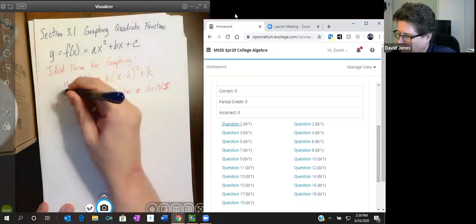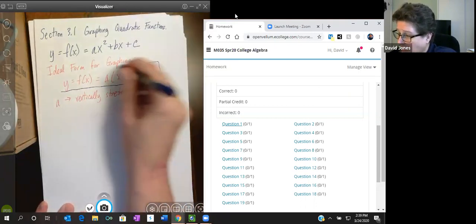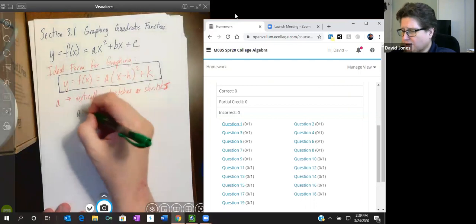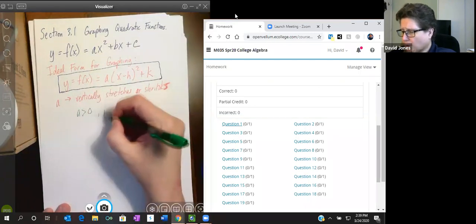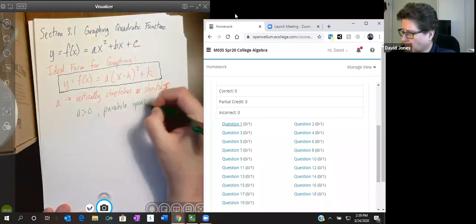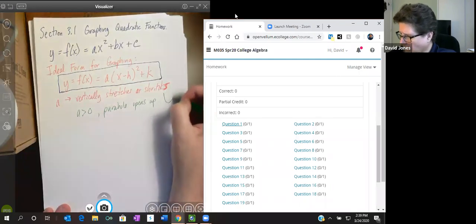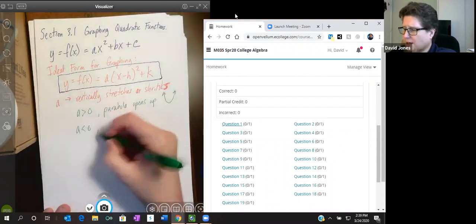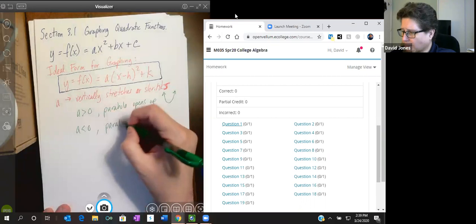Put a box around the equation because we're going to use it a lot. If a is greater than 0, the parabola opens up. If a is less than 0, the parabola opens down.